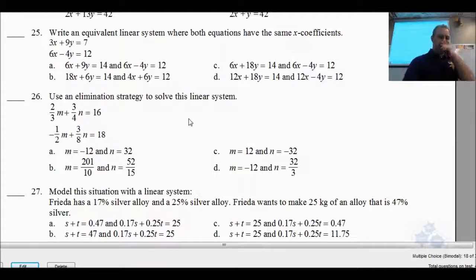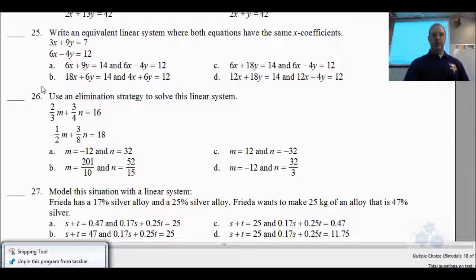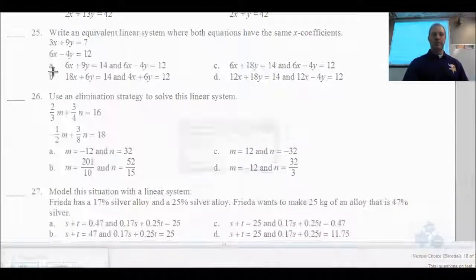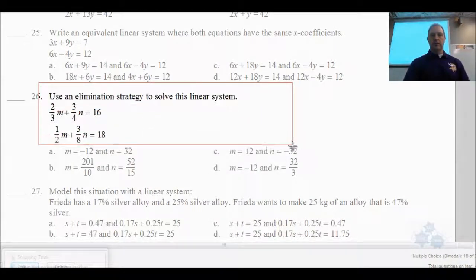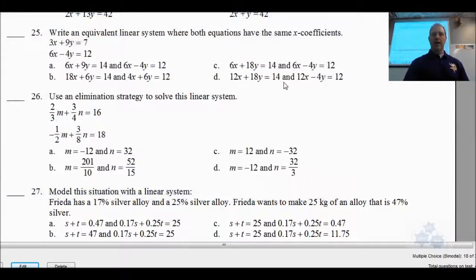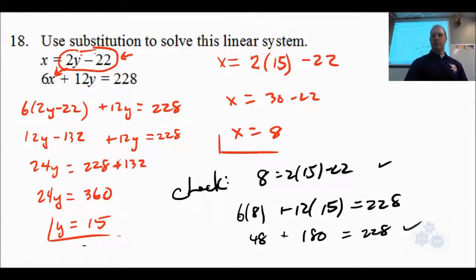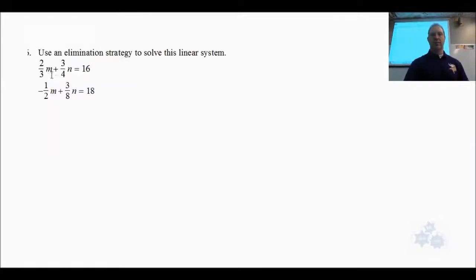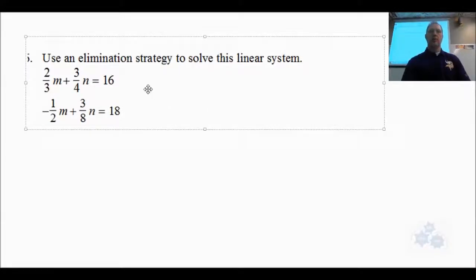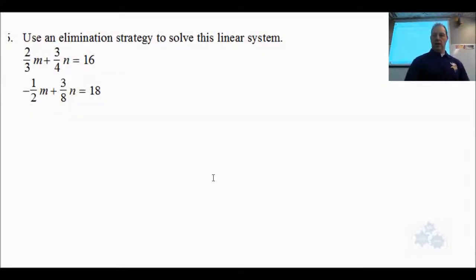Okay, this one looks like a tough one. Let's use the elimination strategy here. This one's got some fractions, so let's copy this out. Okay, elimination. Most students, I mean, I don't like working with fractions a lot either.